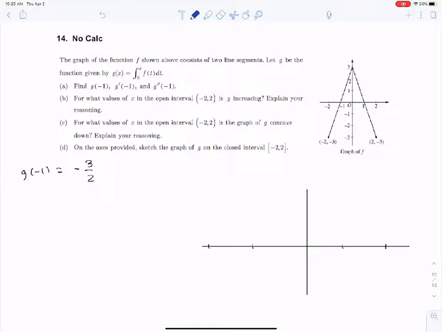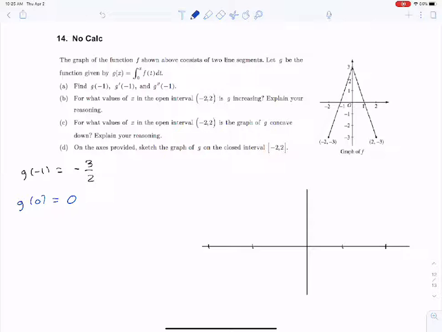Also, let's plot a few points here. Some things that we know. I think you guys would agree that g of 0 is 0. Let's see if there are any other points that would be nice to have.